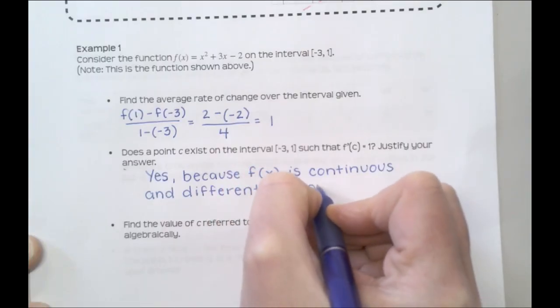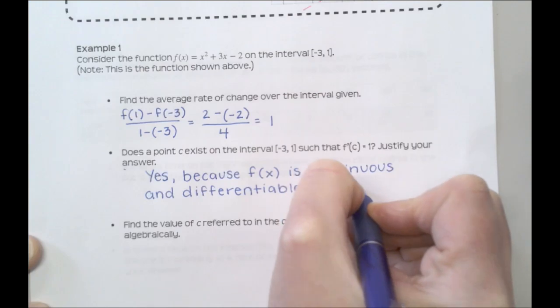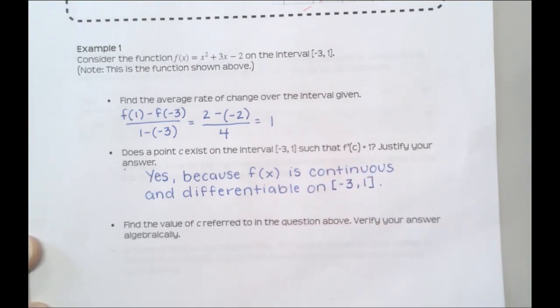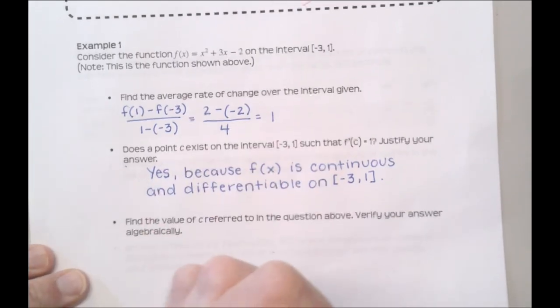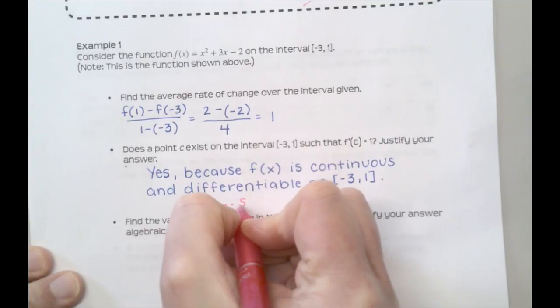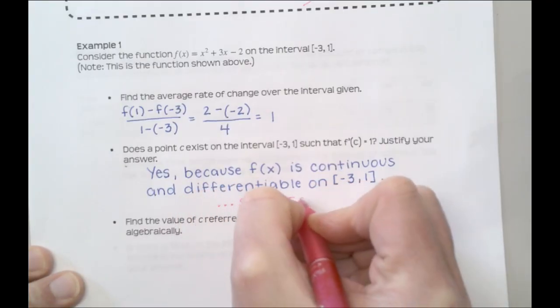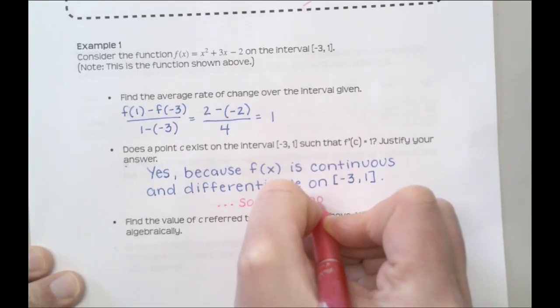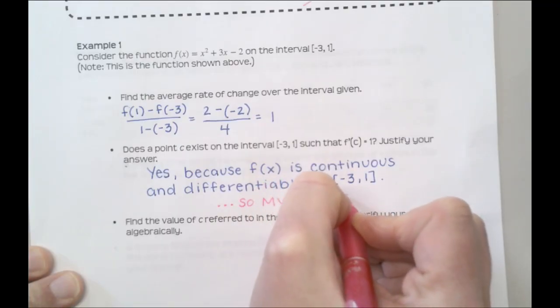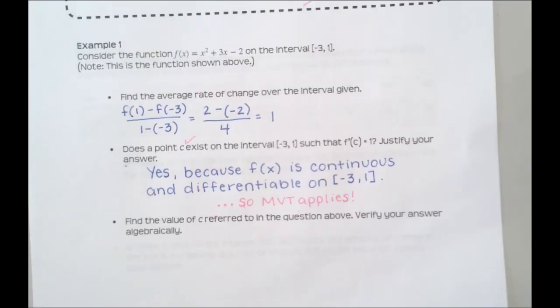On that interval from negative 3 to 1. Okay. Technically, that's all I have to say. You don't have to name the theorem, but if you were going to, we would kind of tack on something like, so MVT applies. And basically, that's what MVT says, is that this point has to exist. Okay?